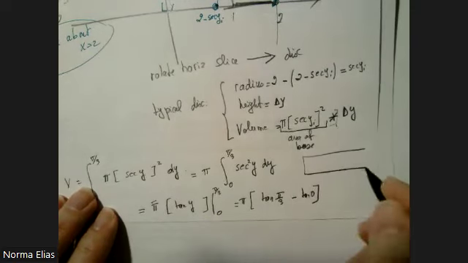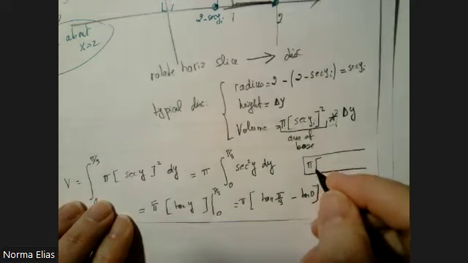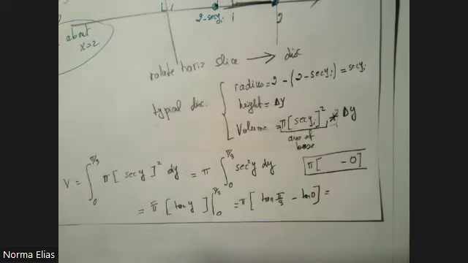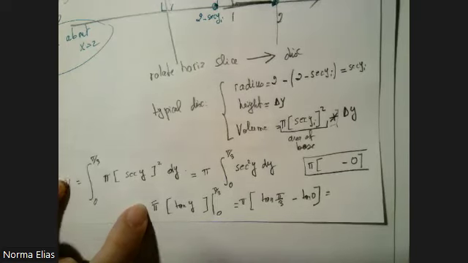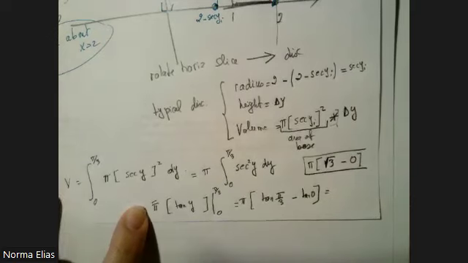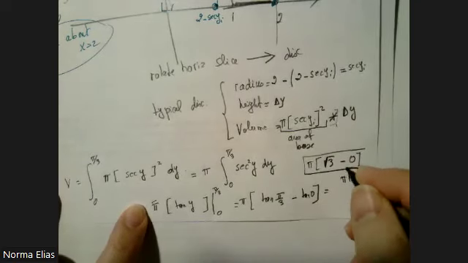And this would give me pi times, tangent 0 is 0. Tangent pi over 3 is the sine of pi over 3, which is square root of 3 over 2, divided by the cosine, which is a half. So this would leave me with the square root of 3. So the answer is pi square root of 3.